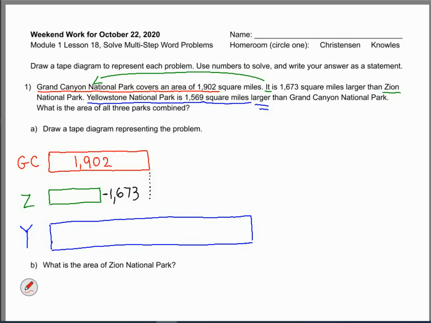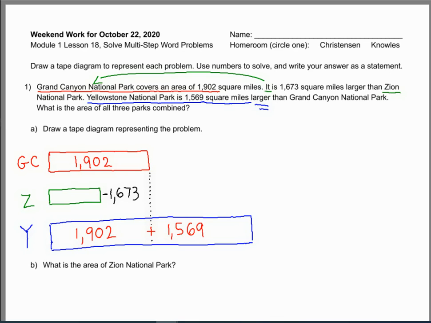And I do have a little bit of information. I know part of the number is 1,902 plus that other number up above, 1,569. And those together will give me what Yellowstone is.